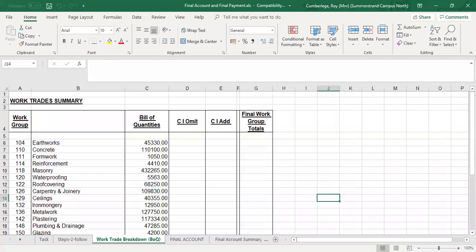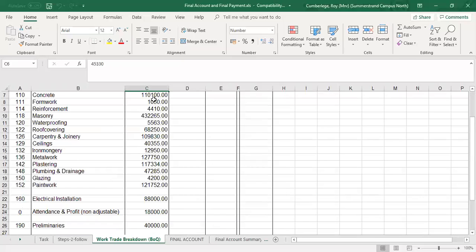And for that, we've already done the subdivision for each work trade. We'll then have the value. For instance, work group 104 for earthworks, that was the value in the bill for earthworks.